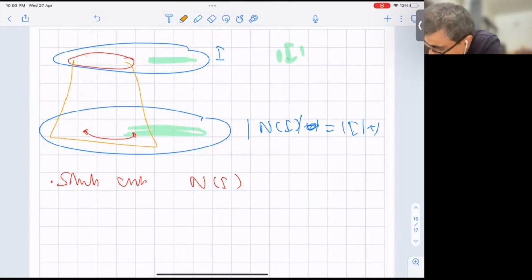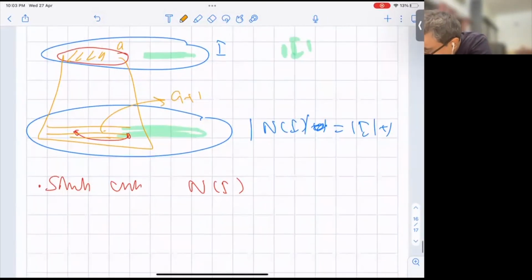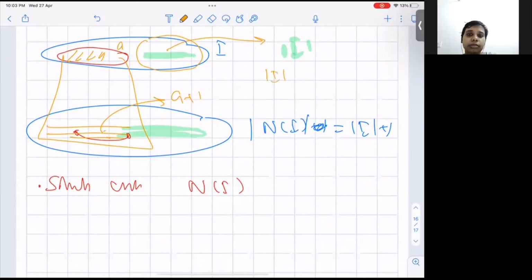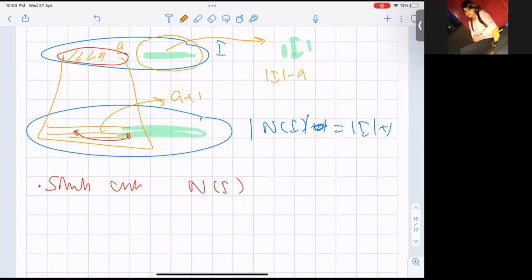If this size is some A, and suppose this guy's size is say A+1, and this is a property that every set here has at least that many neighbors. So how many vertices did you pick from here? A+1? Okay. Now, how many vertices did you pick from here? I minus A. Okay. So how many vertices did you pick?